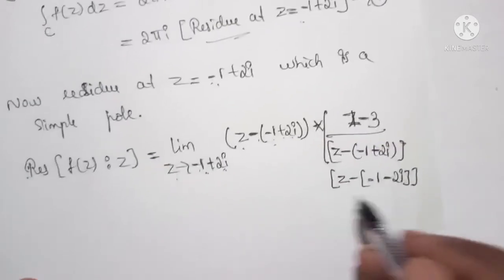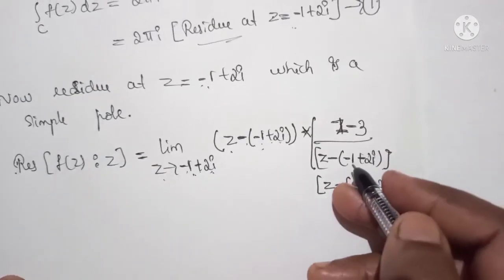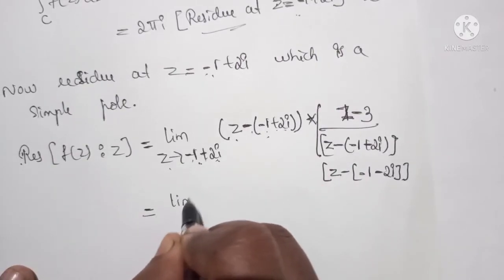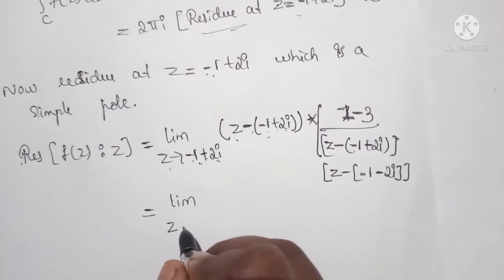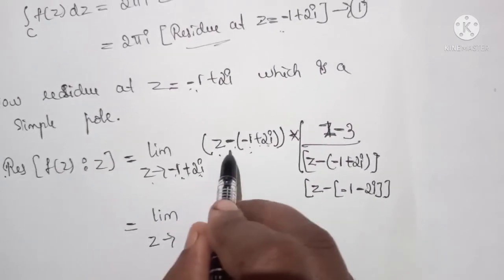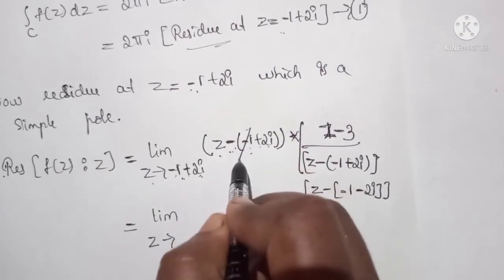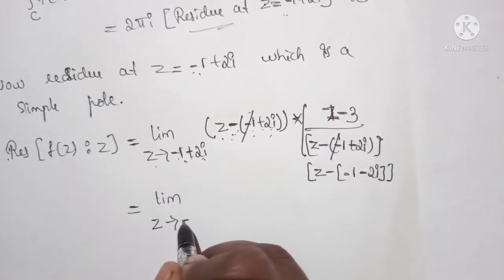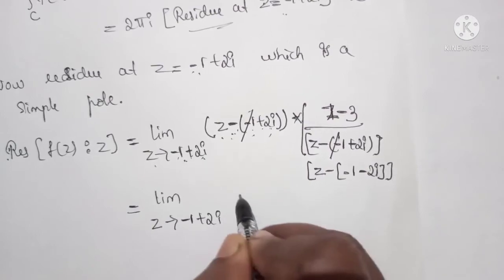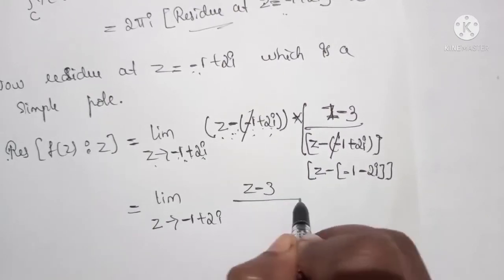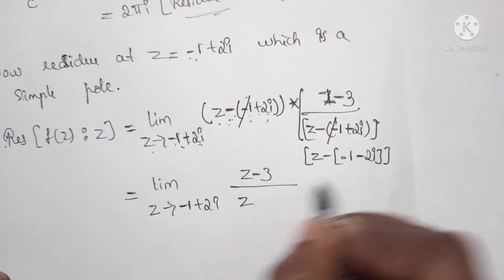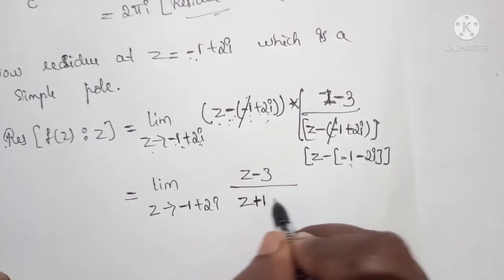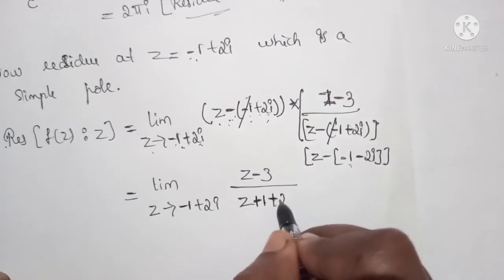Thus we simplify further: we cancel the factor z minus (minus 1 plus 2i), and we get the limit as z tends to minus 1 plus 2i of z minus 3 divided by z plus 1 plus 2i.